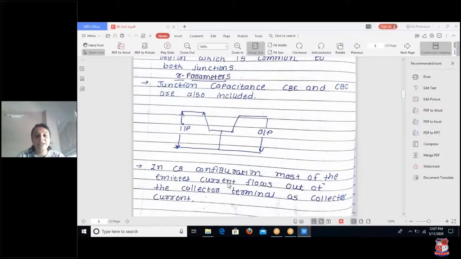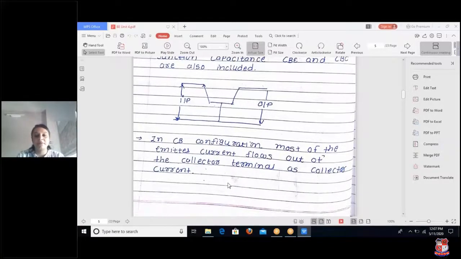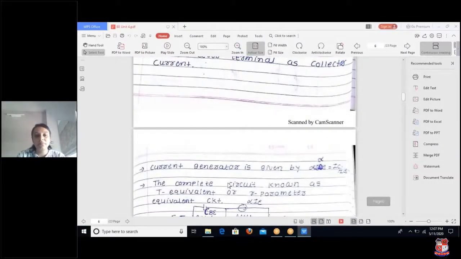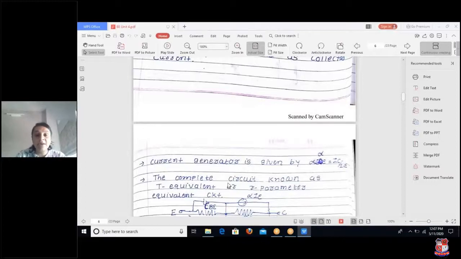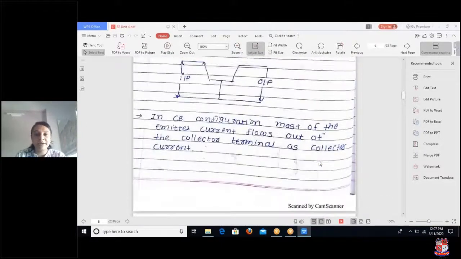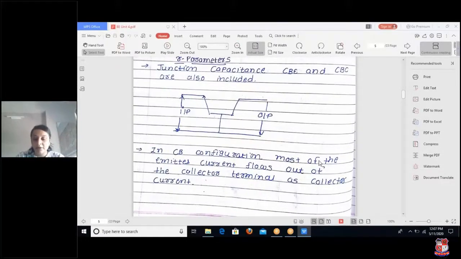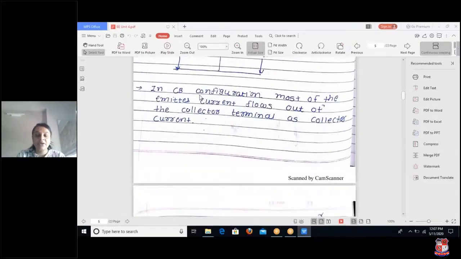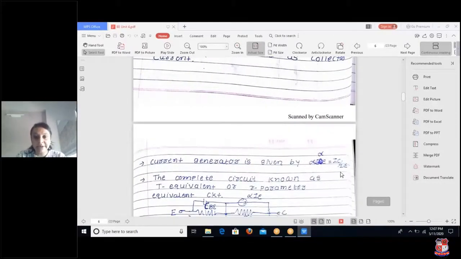In a CB configuration, whenever we discuss the configuration, what happened? Here IC is your output current, right? And IE is your input current, right? So what is your current amplification factor?